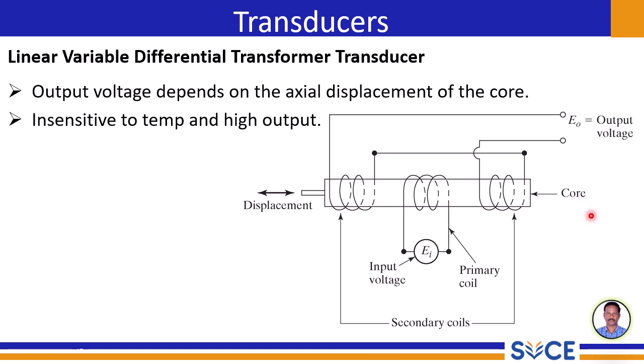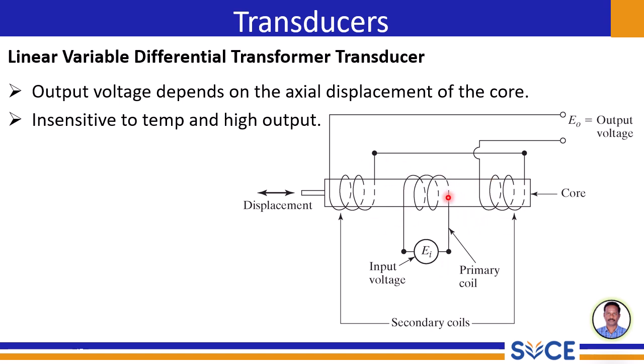When an AC voltage is applied to the primary coil, it produces an alternating magnetic flux. This flux links with the secondary coils, inducing AC voltages in them. Let's call the voltage induced in the first secondary coil ES1 and the voltage induced in the second secondary coil ES2.